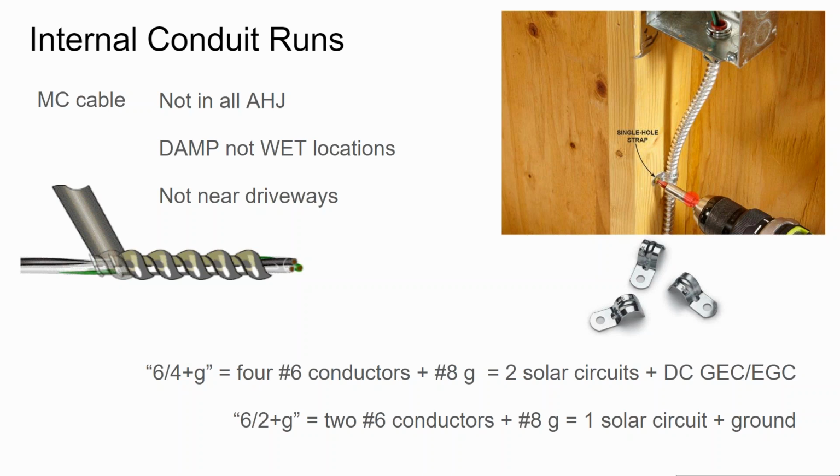Now you have to remember that for the metal conduit in your battery room, the best practice is to use the metal conduit with a plastic coating or painted conduit because of that corrosive gas. But often I'll use this metal flexible conduit, which is rated for outdoor conditions, just not wet conditions.